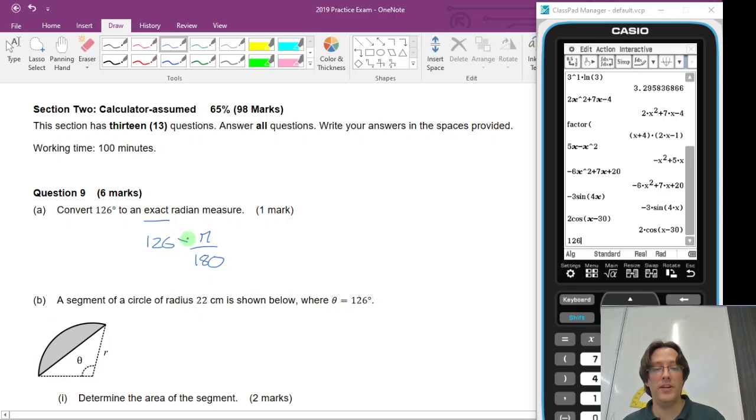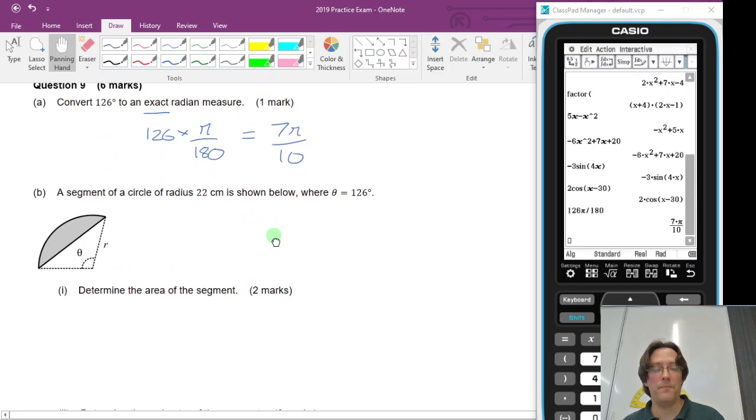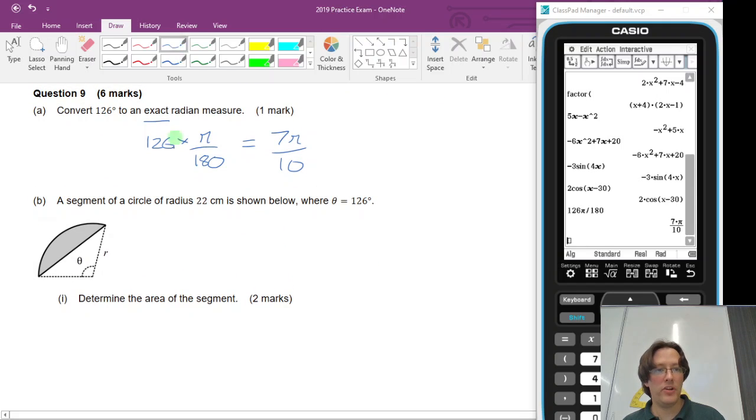So it's going to be 126 times pi on 180. Remember that the shortcut for pi is Shift 0. And it gives us 7 pi on 10. Nice and easy. It wants an exact measure, so 7 pi on 10 looks nice and clean, and there we go.